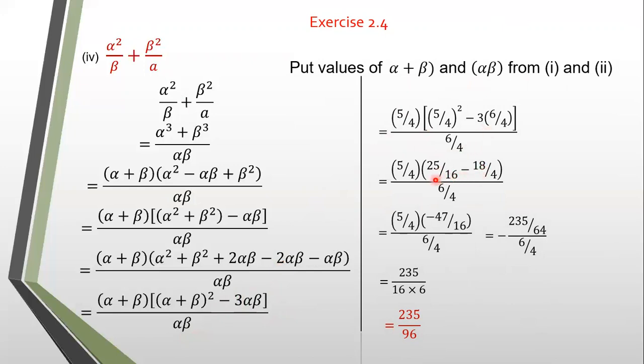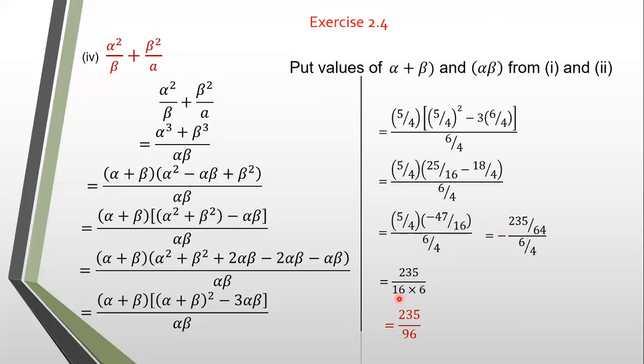After taking the LCM, we will get minus 47 by 16. Minus 47 by 16, and minus 47 multiplied by 5, we will get minus 235, and 16 into 4 is 64, and 6 divided by 4 as it is.